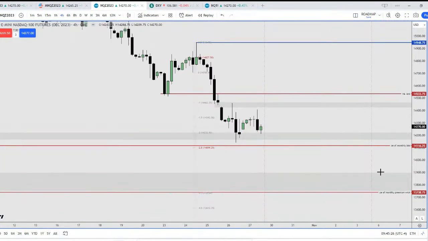So right here, based off the 4 hours candles, if price is able to close below 2.5 after it attacks these sell stops, then obviously we are going to hit the fourth standard deviation, which would line up perfectly with that monthly premium wick's midpoint. Okay, so I am very interested in that.